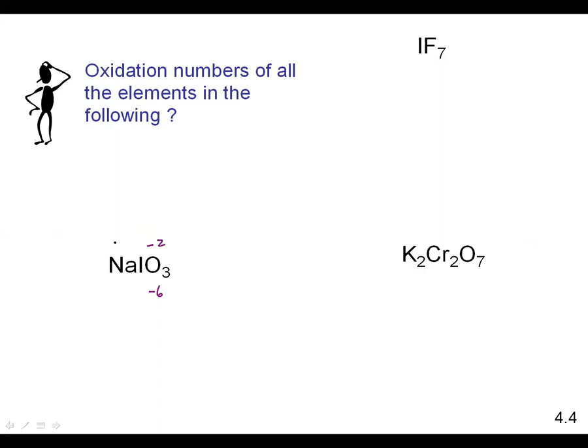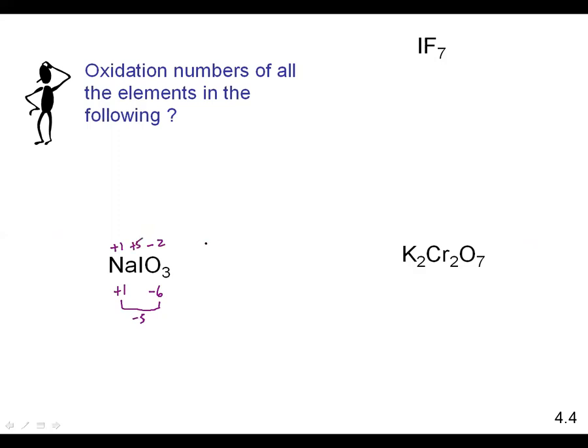Going to the far right, because sodium is group 1, we will have a +1 for it. Now, when we put this together, we got our -5 like we had last time. But here we do not have any charge on the overall thing. It's 0. So we need to get to 0, which means the I in this case will be +5.